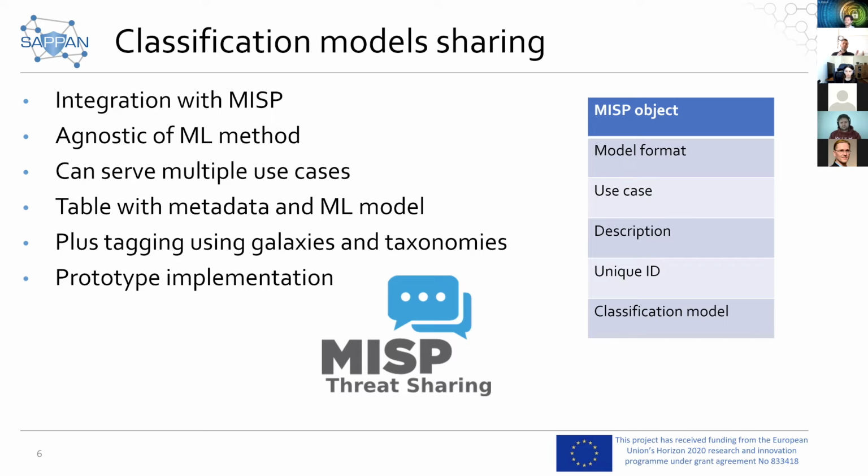Of course, when you are using the classifier, you need to know what the inputs and the outputs are. Then the unique ID might be useful during the collaborative learning to represent the epochs. And then the classification model itself. This was a little bit simplified, but it's like that.